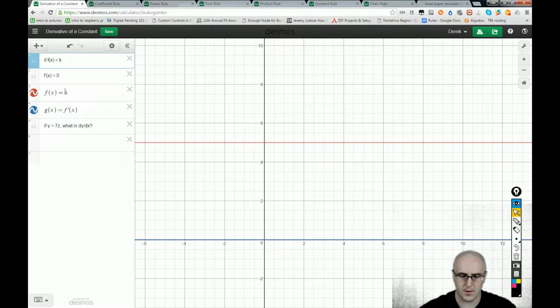It could, for example, be something like a function in terms of both x and y, such as y squared plus 5. Its derivative with respect to x is still 0 because it is not varying with respect to x. It is only varying with respect to y.